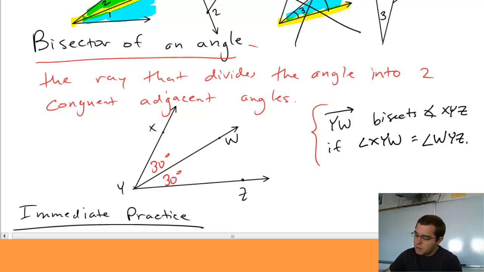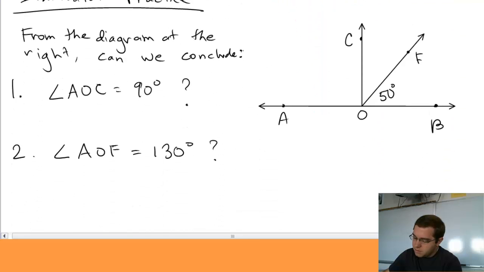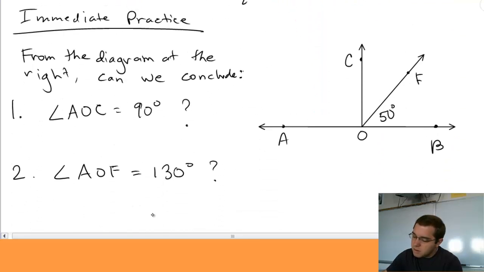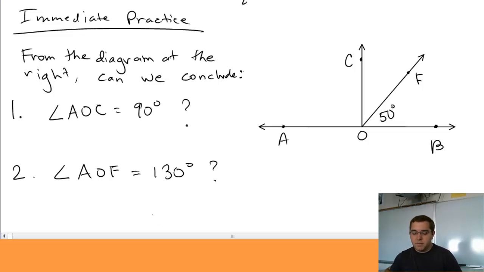Okay. Now your immediate practice problems. Let's take this picture over here. And we want to figure out what information we can know just from that picture and what we talked about in this section. So we have angle FOB that's 50 degrees, and line AB forms a straight angle.